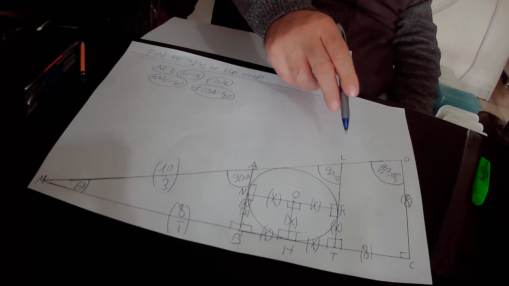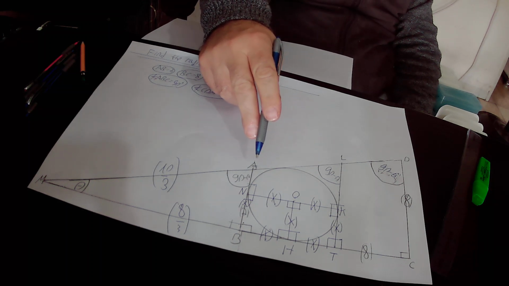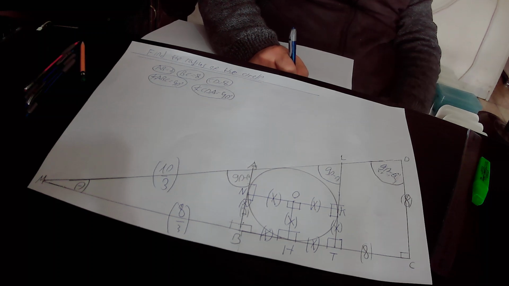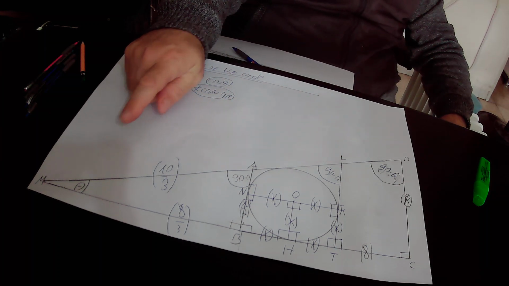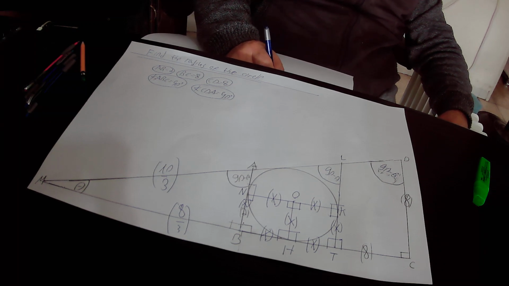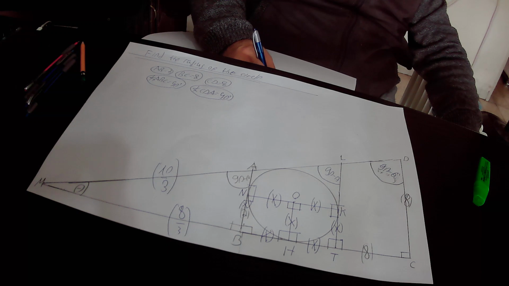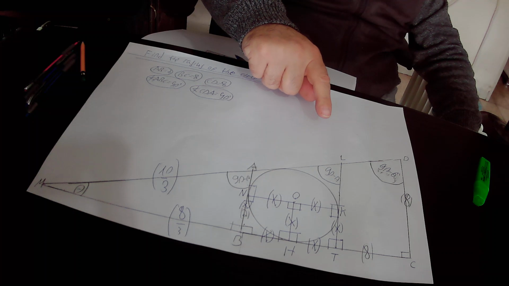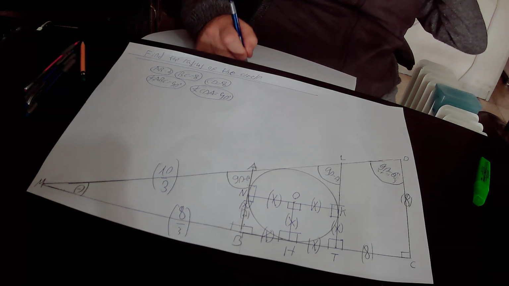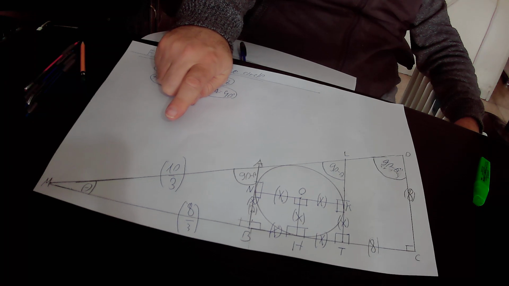We derive that side LT in the big right triangle LTM over side AB in the small right triangle MBA equals side TM in the big right triangle LTM over side BM in the small right triangle MBA, and it also equals side LM, that is the hypotenuse of the big right triangle LTM, over side AM, that is the hypotenuse in the small right triangle MBA.